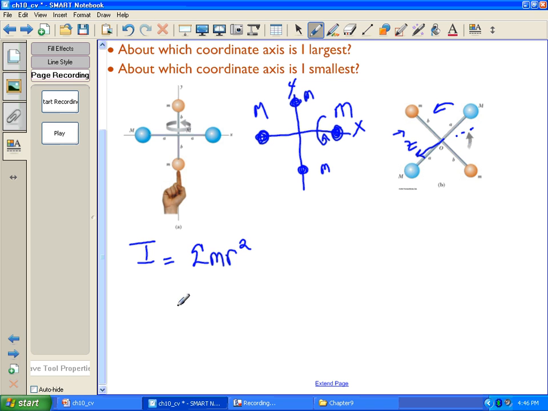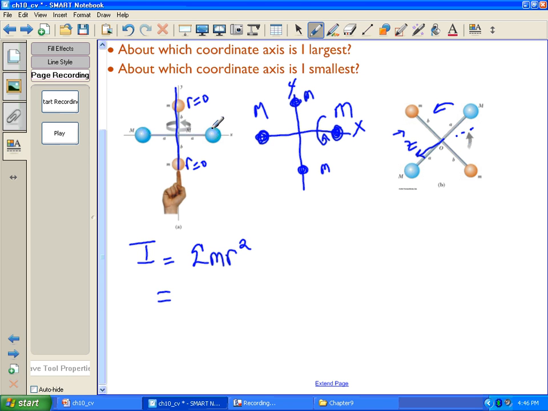So in this first situation, we have the following. If this is the axis of rotation here, notice that both of the small m's are located right on the axis. So technically, their value for r is 0. They are on the axis of rotation.